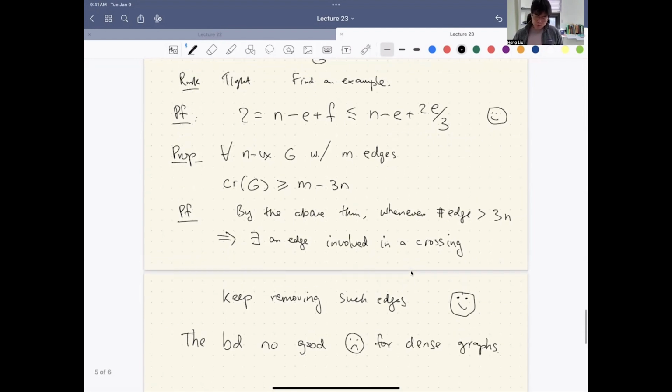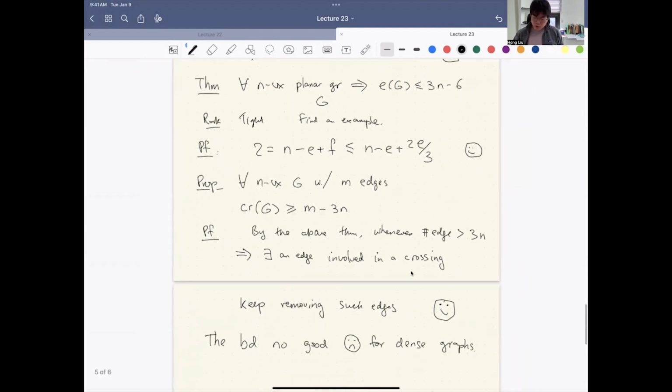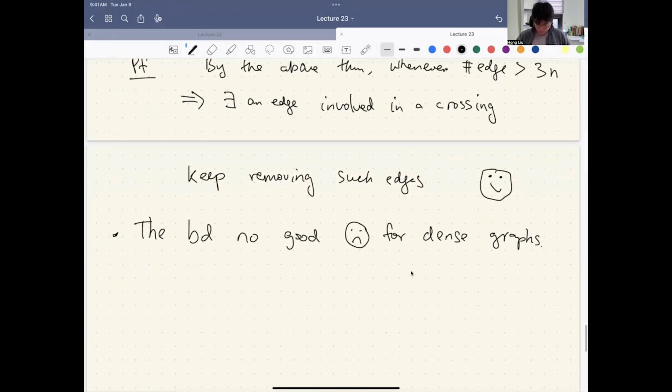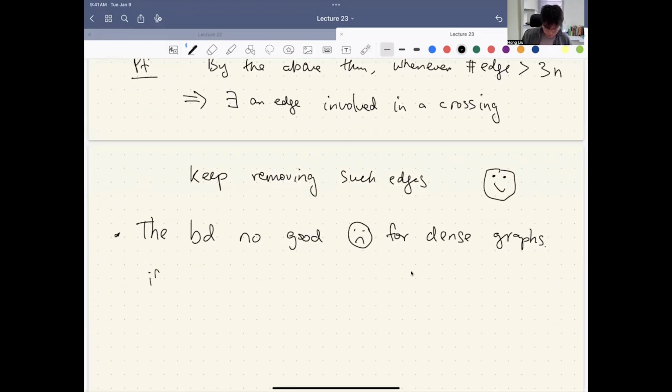Now we're going to do something which is quite beautiful. We're going to do a probabilistic sampling argument to bootstrap this naive bound, which works really well for dense graphs. So first of all, what sort of bound should we anticipate? For dense graphs, let's say in the densest regime, when m is quadratic in n. So every crossing involves two edges.